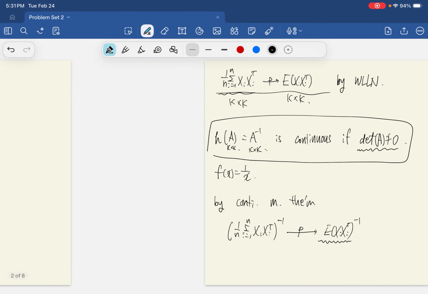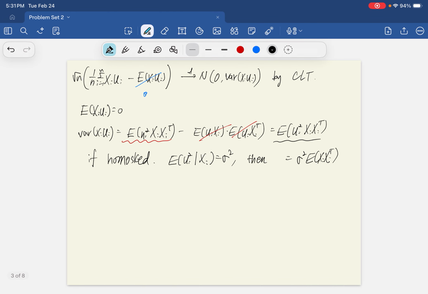Okay, the third part. So we would like to study this, right? Let me start from beta hat. That is 1 over n X prime X inverse and X prime y.